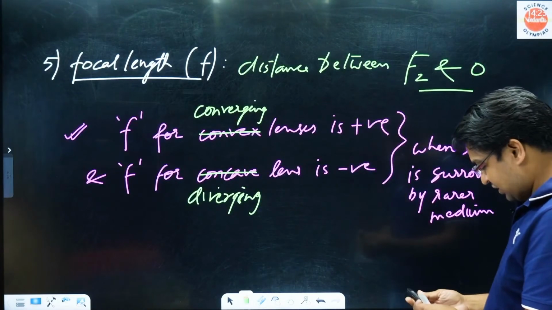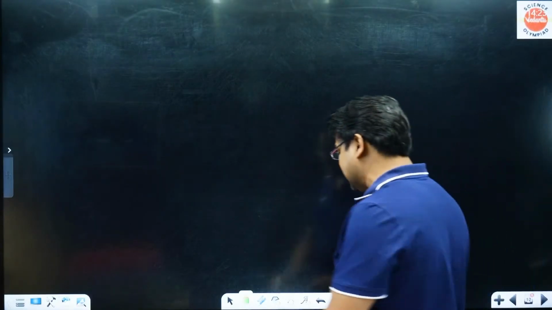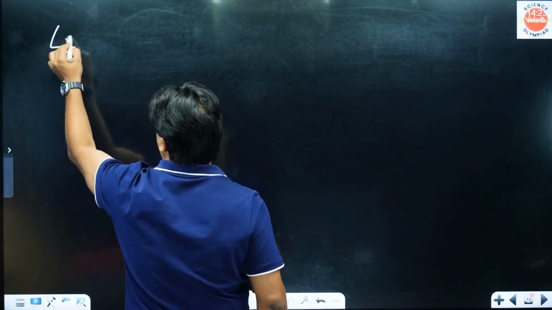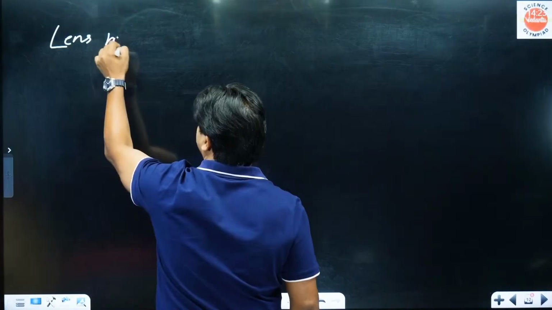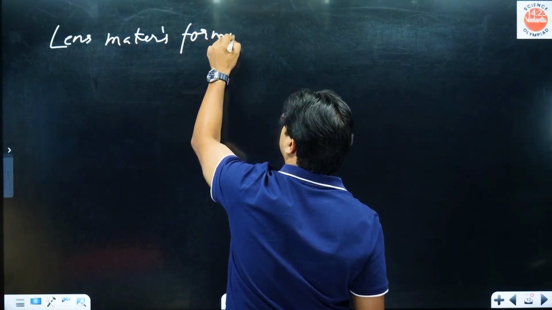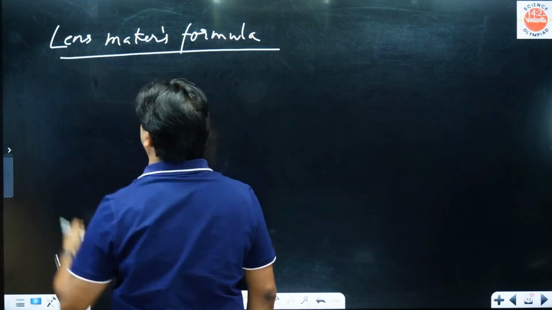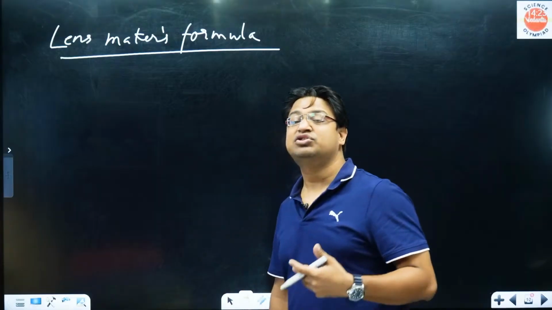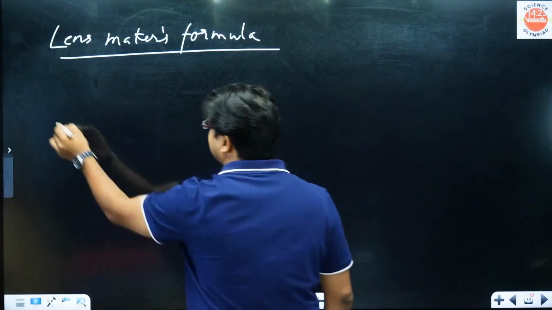Now, there is a formula which we call the lens maker's formula. It helps us to calculate the focal length of any lens if the geometry of the lens is known to us and the surrounding medium is known to us.